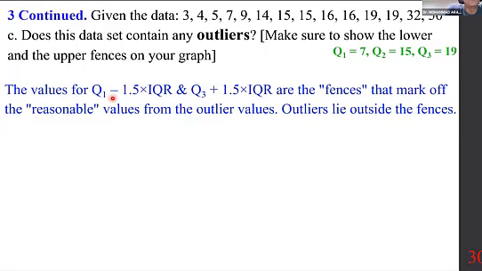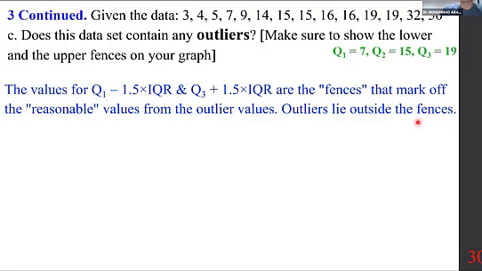The values for Q sub 1 minus 1.5 times IQR and Q sub 3 plus 1.5 times IQR are the fences that mark off the reasonable values from the outlier values. Outliers lie outside the fences.